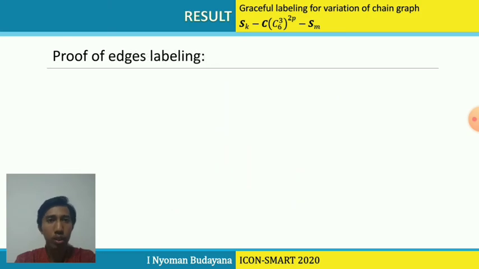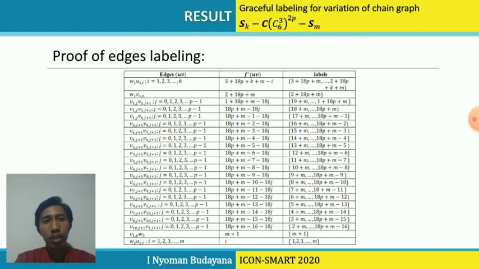The second part is for the edge labeling. In this table, we can see that every edge has a different label, and the labels are from 1 until 2 plus 18p plus k plus m.